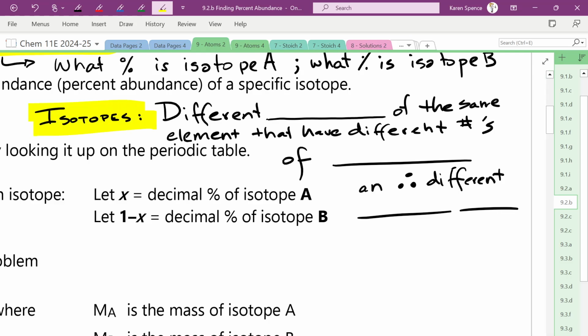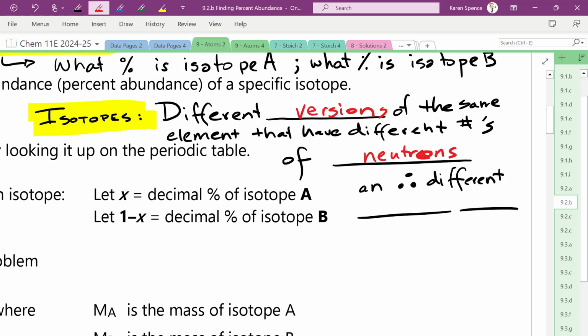Different what of the same element? Versions of the same element that have different numbers of what? Neutrons.